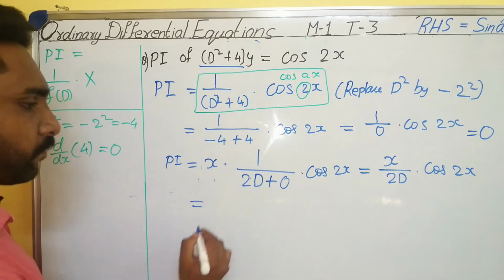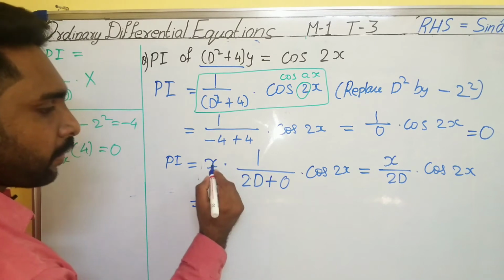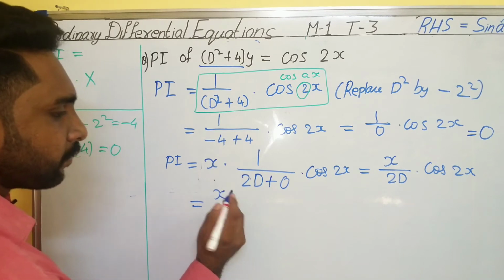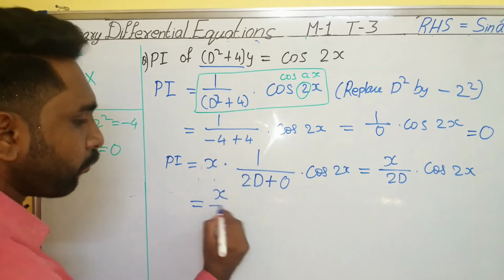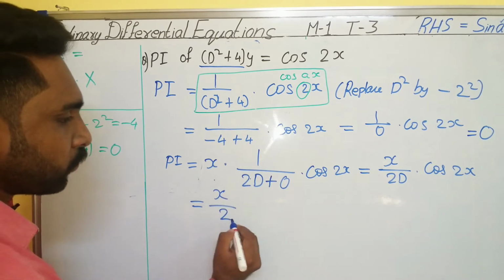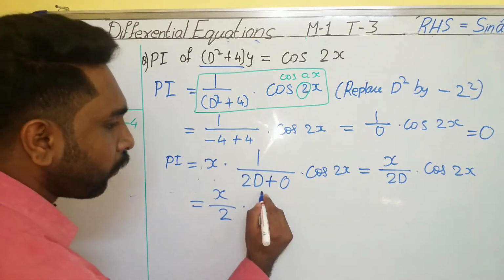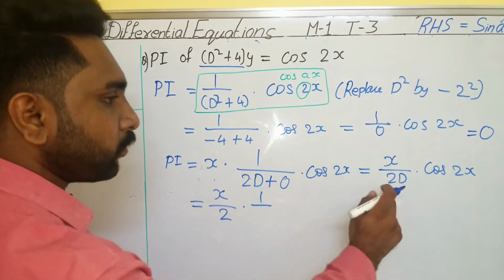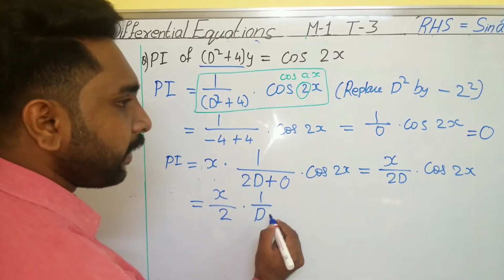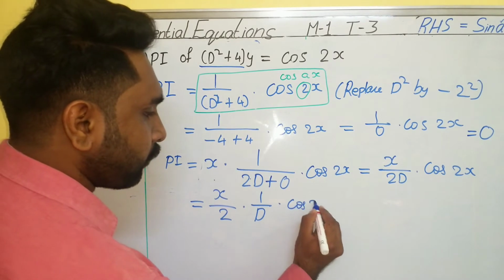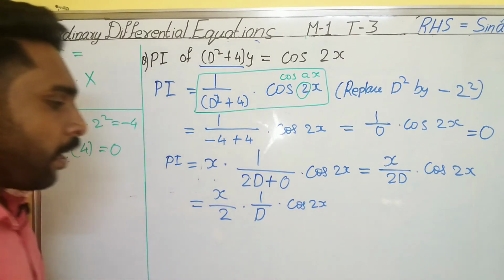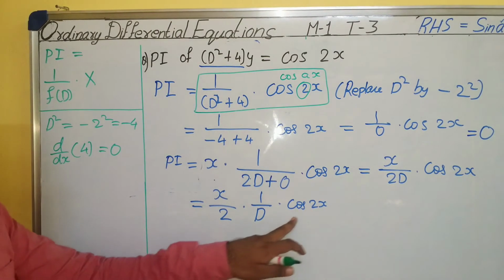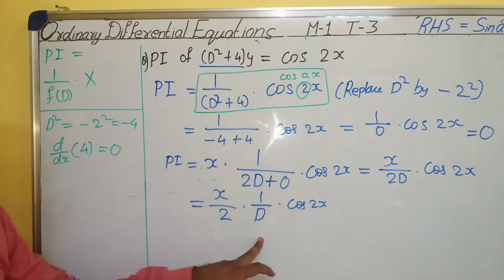I can also write this as x by 2 into 1 by D of cos 2x. Here we have 1 by D into cos 2x, which means 1 by differentiation.